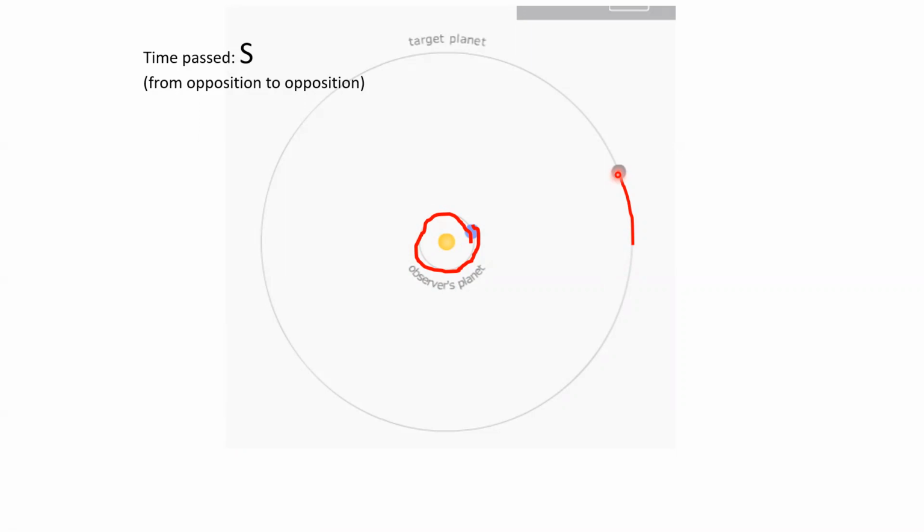That's one thing that Kepler's third law tells us. Okay, so the amount of time that has passed during the tracing out of these red paths is what we call the Synodic Period. That's how long it took to do this, an amount of time called the Synodic Period. And I'm calling it opposition to opposition, but remember, you can just go from conjunction to conjunction in Stellarium.